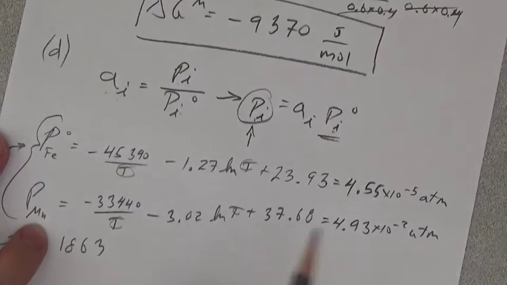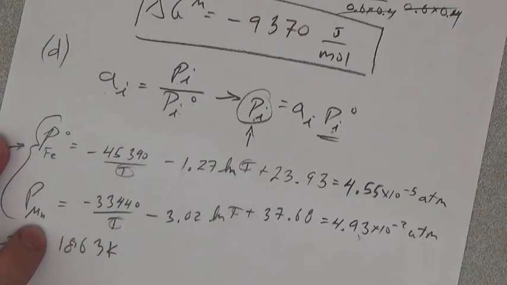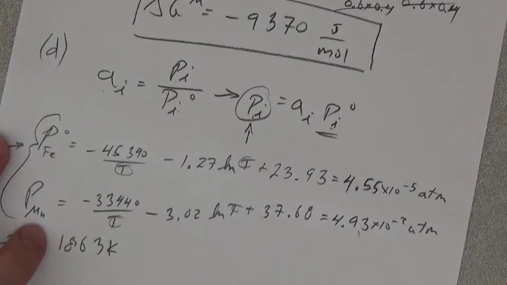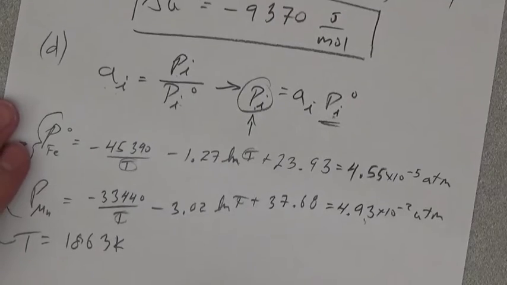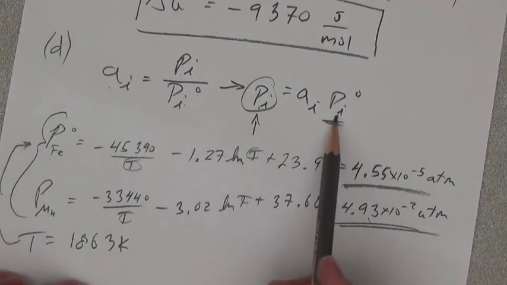So in that previous problem, where we said most of the weight loss was due to the manganese, that's because the manganese has a significantly higher partial pressure, so it's much more apt to migrate or to evaporate.